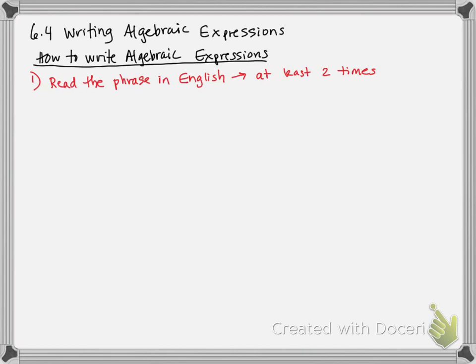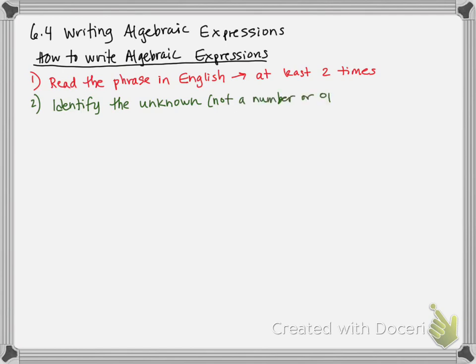Okay, so one thing that's going to be true is there's going to be something that we don't know about, an unknown. And so we're going to identify the unknown. So it's going to be some words that I can't translate into a number or an operation.